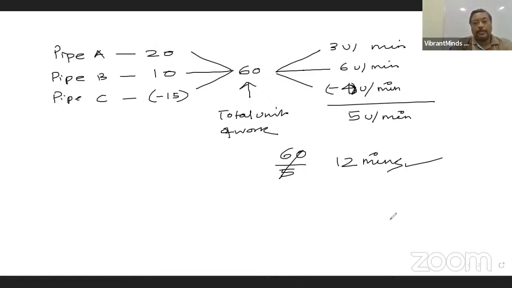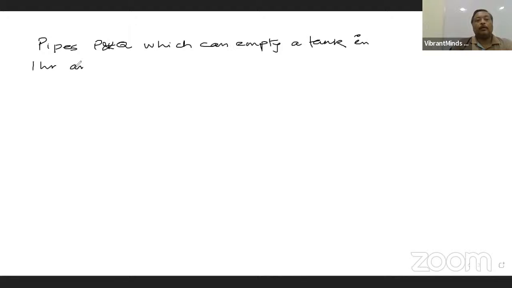Now see the next question. Suppose we have pipes P and Q, which can empty a tank in 1 hour and 1.5 hours.